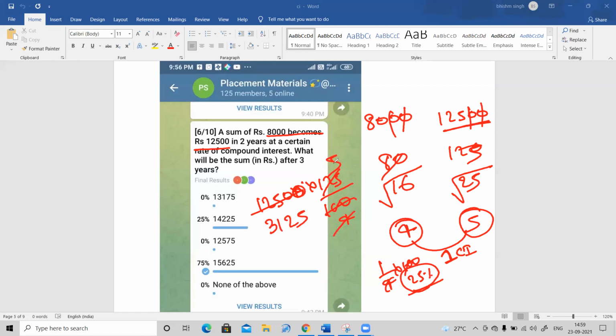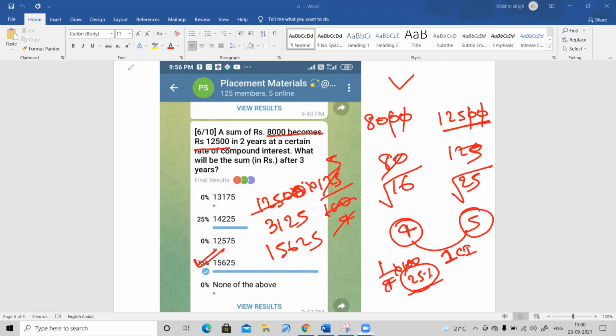Now 3125 multiplied by 5: 3 fives are 15,000, and 125 multiplied by 5 is 625. So 15,625 is the correct answer for this question.